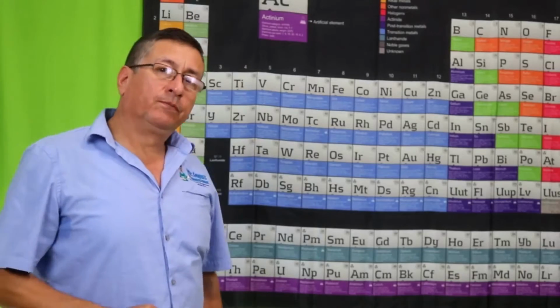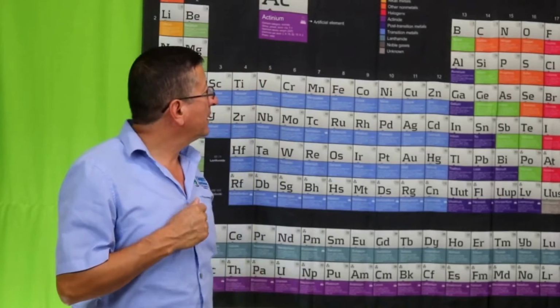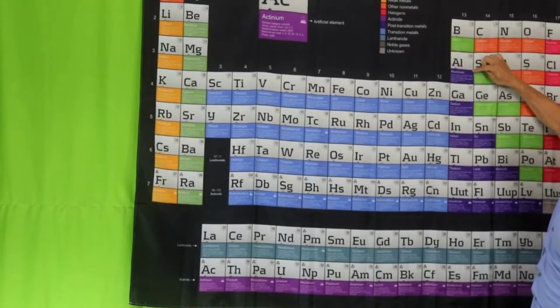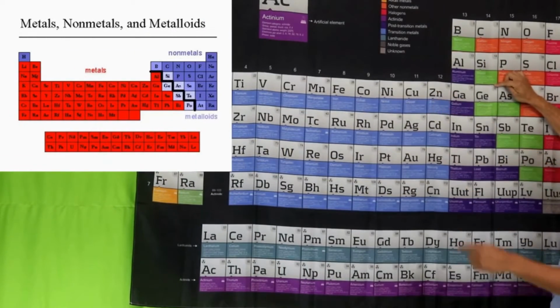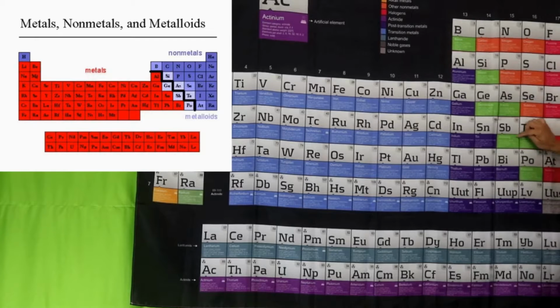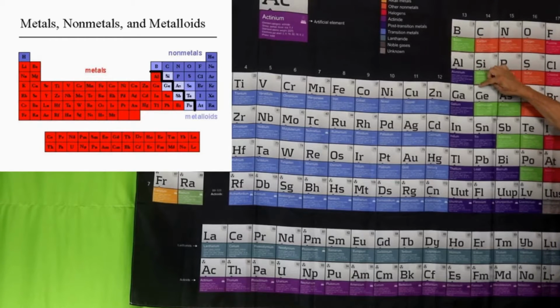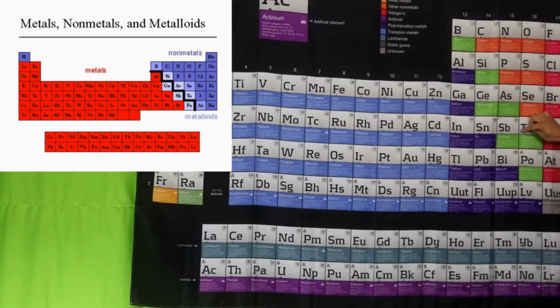In the periodic table, we find that there is a division, here, exactly like this, and it finishes over there. It is boron, silicon, arsenic, tellurium, astatine. Here it is like a ladder.